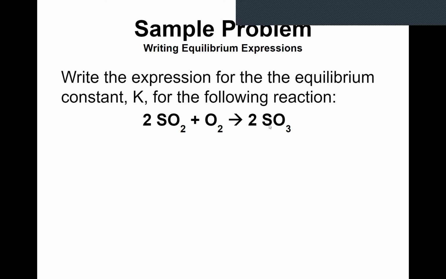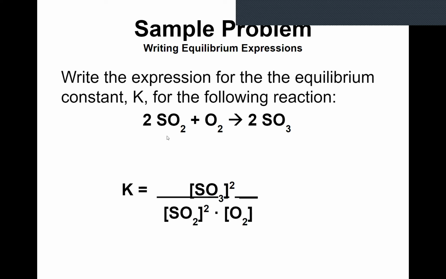So there's only one product in this equation, it's SO3. We're going to put that substance in brackets, and we're going to raise that substance's concentration to its coefficient, which is 2. So in the numerator for the expression for the equilibrium constant, we're going to put SO3 in brackets and a 2 above that.